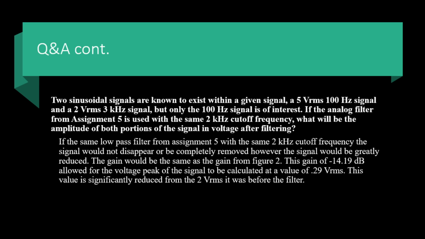It is minimized to a point where it doesn't even really matter. The gain would be about the same from figure 2. This gain of minus 14.19 decibels allowed for the voltage peak of the signal to be calculated at 0.29 volts RMS. This is significantly reduced from the 2 volt RMS that was before it encountered the filter.